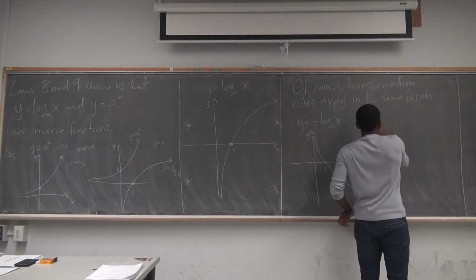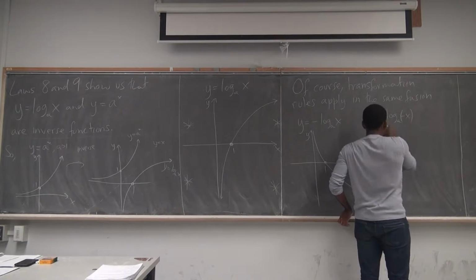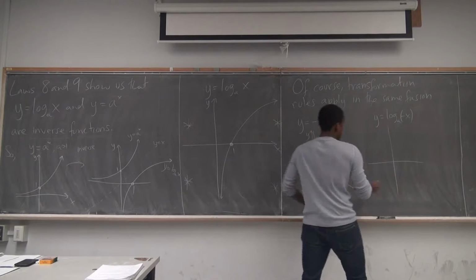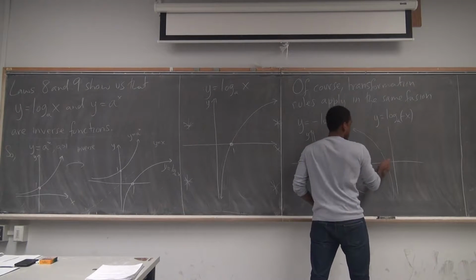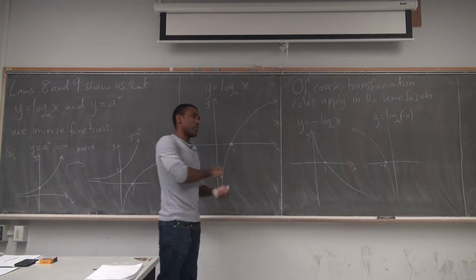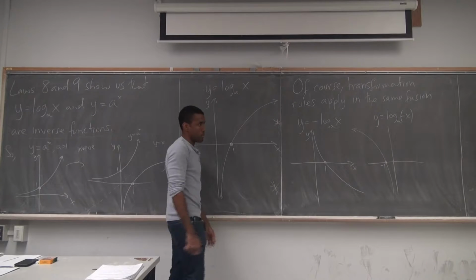Or if I wanted to graph y equals log to the base a of minus x, that would flip in the y-axis, it would look like this. And so on and so forth. I can flip them, I can stretch them, I can shift them, just like any other graph, it'll work.